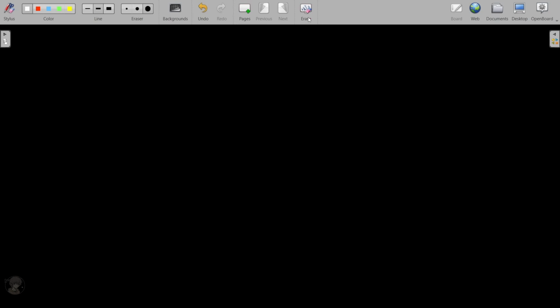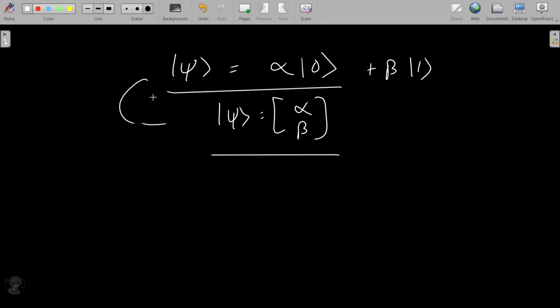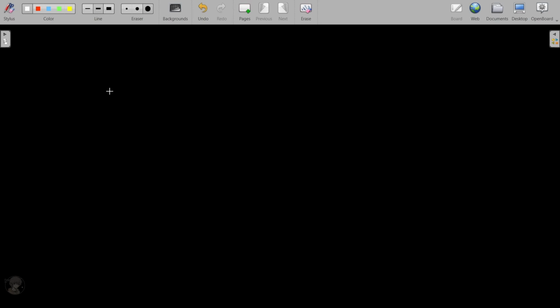So now let's discuss the most important thing in our Quantum from Zero series, which is the confusion about the equations. There are many equations, like ket psi equals alpha ket 0 plus beta ket 1. How does everything connect? Let me explain. The first equation is the state of the qubit.